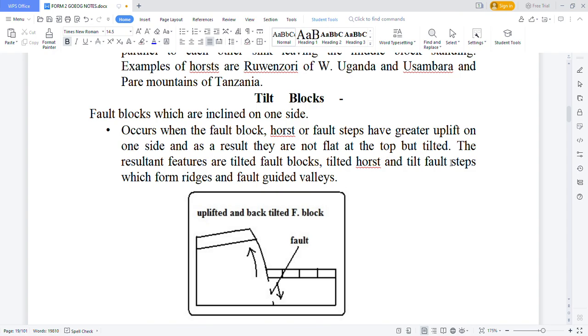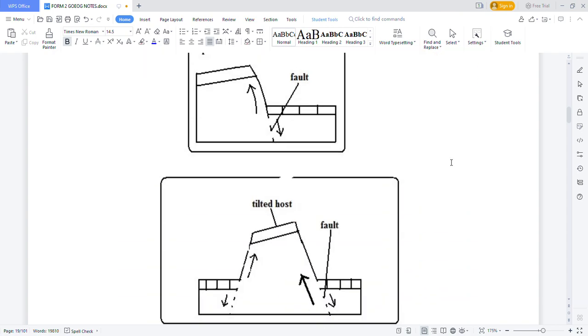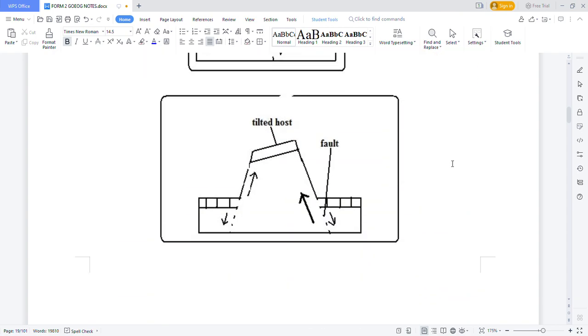The resultant features are tilted fault blocks, tilted horsts, and tilted fault steps, which form ridges and fault-guided valleys. As you can see, everything is accompanied by a diagram.